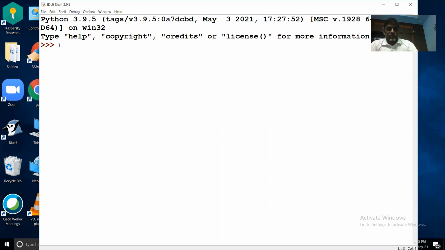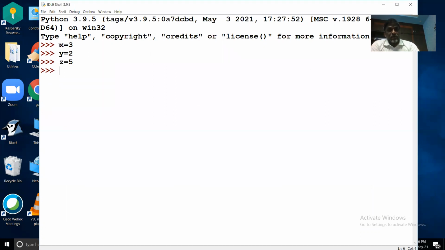So let's start. In our example, I think we took x is equal to 3, y is equal to 2, and z is equal to 5. So I have initialized 3 variables.